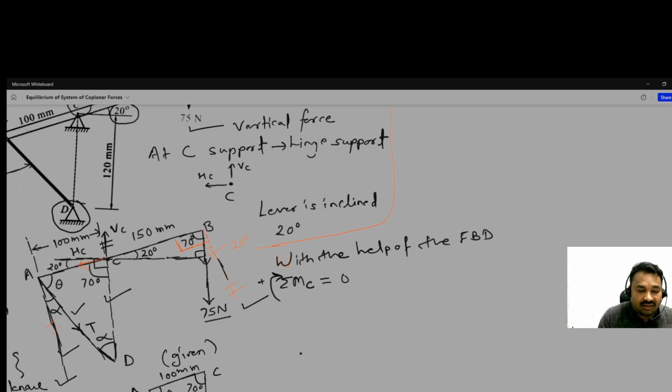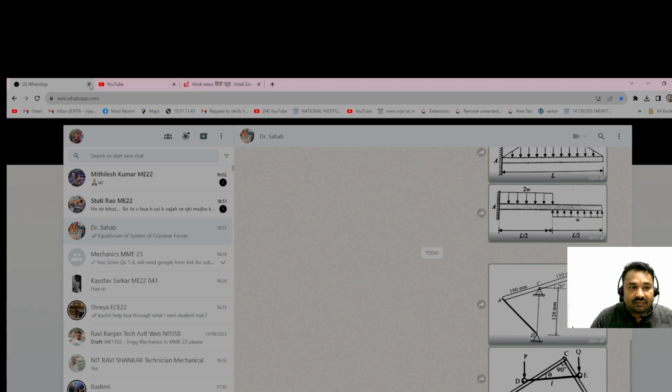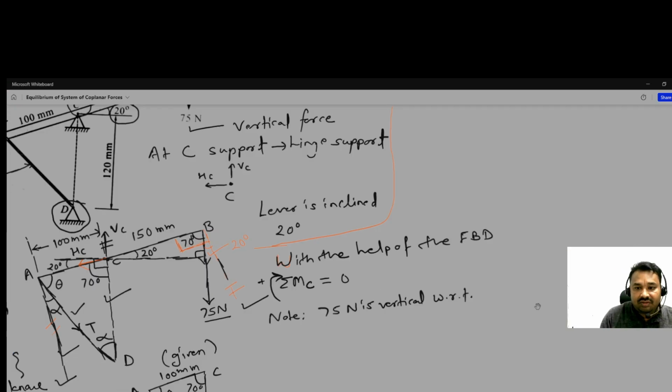Okay, however itself it is vertical, with respect to the lever 75 Newton is vertical, but with respect to the support reaction we see, it is inclined with 20 degree from the vertical.